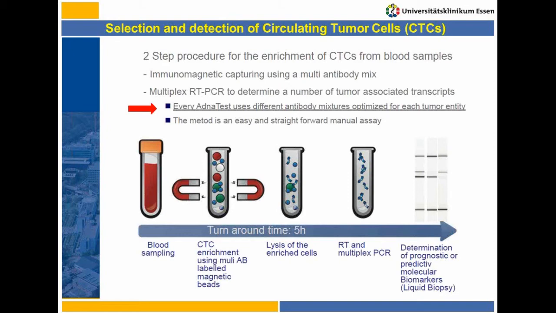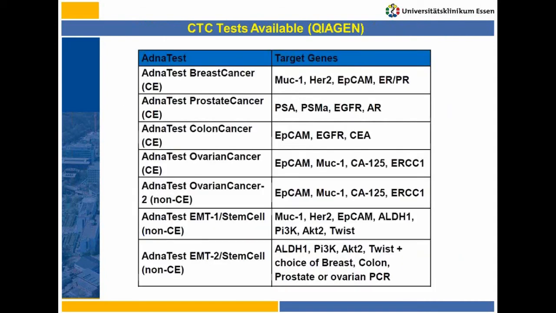So what is quite important, there are now different tests on the market, and every test uses different antibody mixtures, and this is optimized for the different tumors. So this shows you the different tests that are on the market. We have a lot of experience with the breast cancer test and with the ovarian cancer test and with the EMT and stem cell tests.